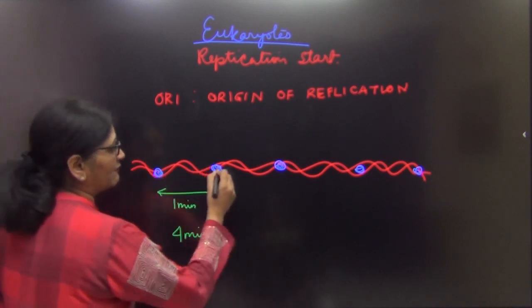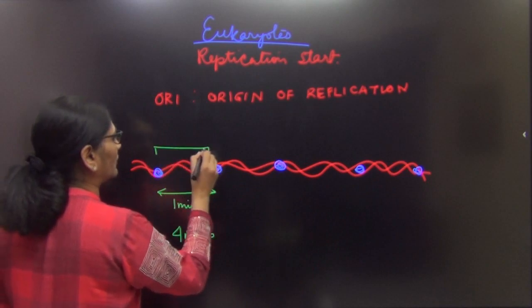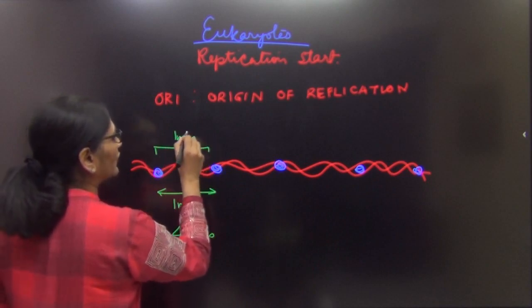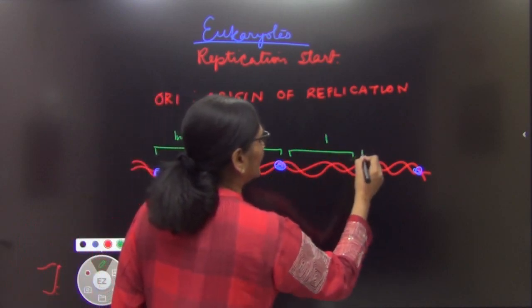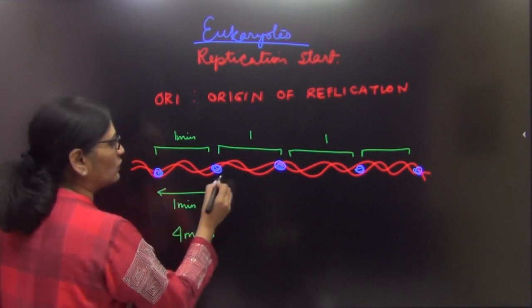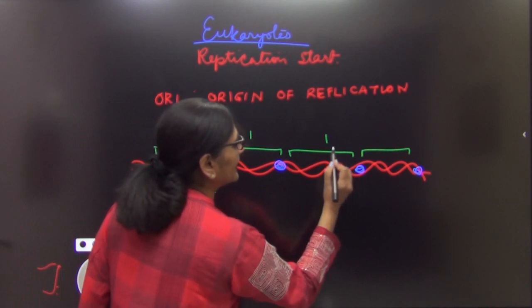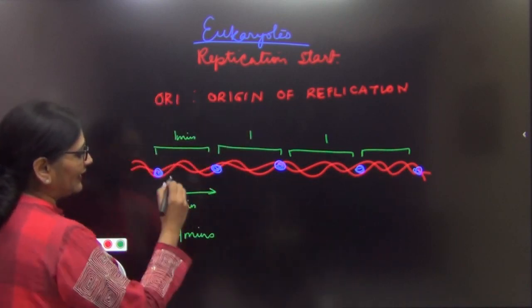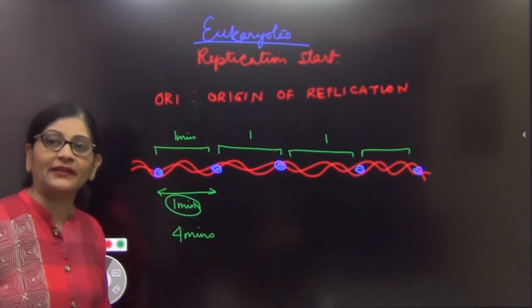Now suppose if I have multiple ori, from here to here it will require 1 minute, from here to here also 1, from here to here also 1. So by the time I have moved from here to here in 1 minute, तब तक यहाँ से यहाँ भी replicate हो चुका होगा, so that in a period of 1 minute, the entire DNA will be replicated.